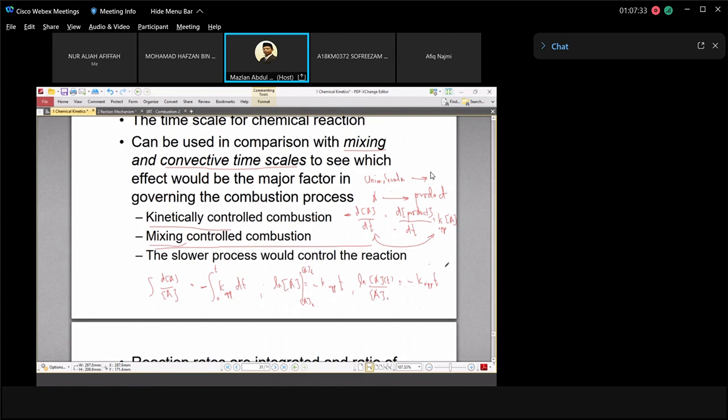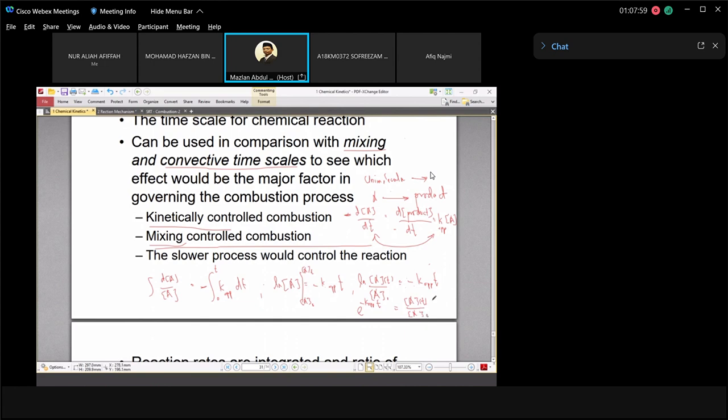So now natural log means e to the power of negative this value, e equal to A at any time given to A initial, the concentration of the species A initial.